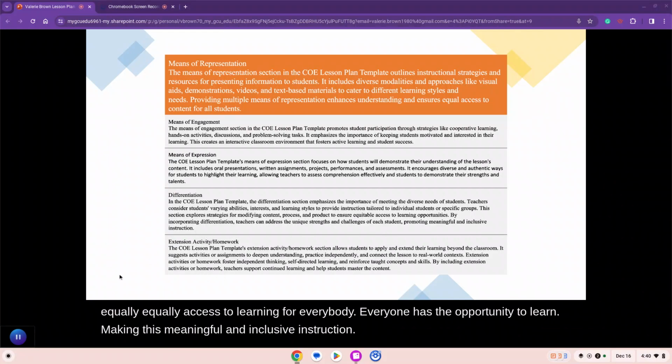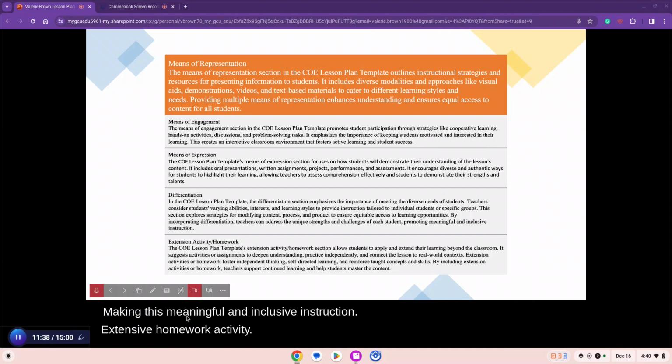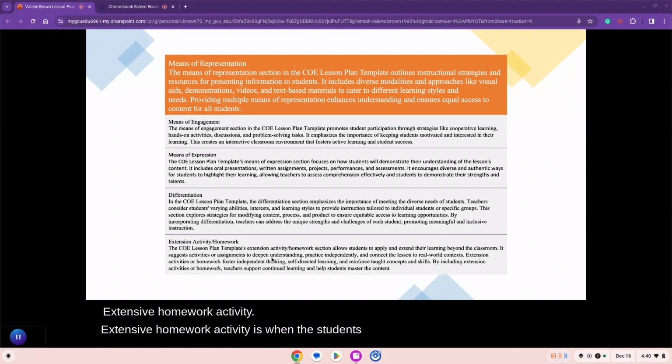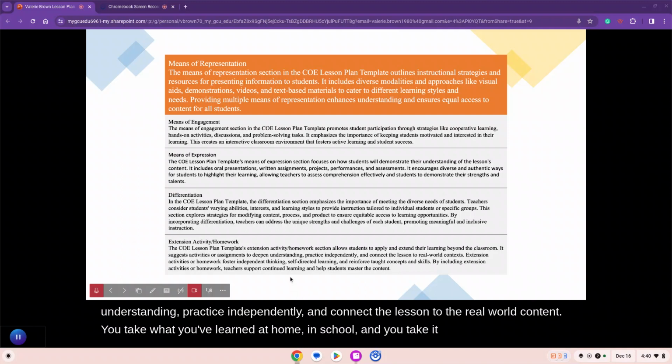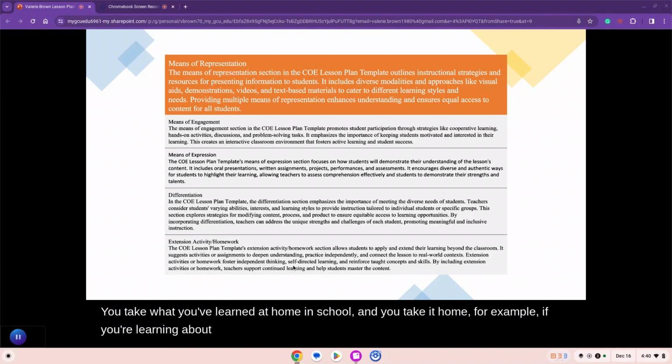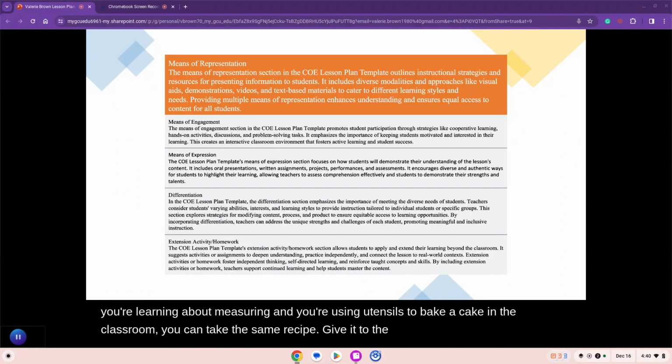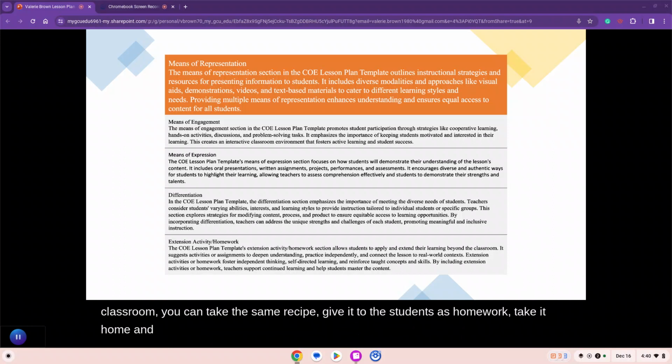Extension homework activity. Extension homework activity is when the students take what they've learned and deepen understanding, practice independently, and connect the lesson to real-world content. You take what you've learned in school and you take it home. For example, if you're learning about measuring and you're using utensils to bake a cake in the classroom, you could take the same recipe, give it to the students as homework, and they can use it at home with their families.